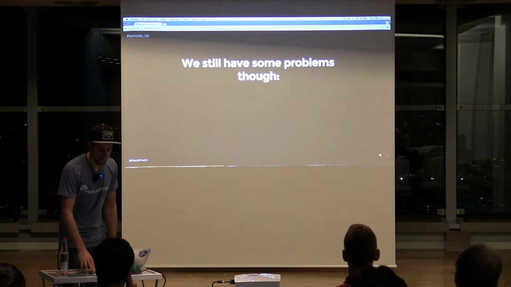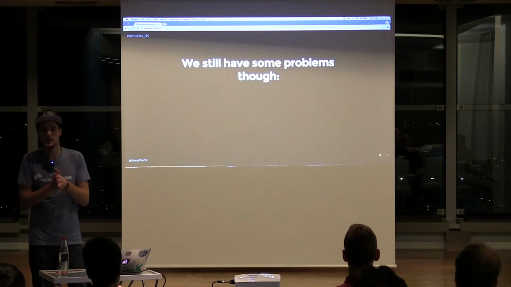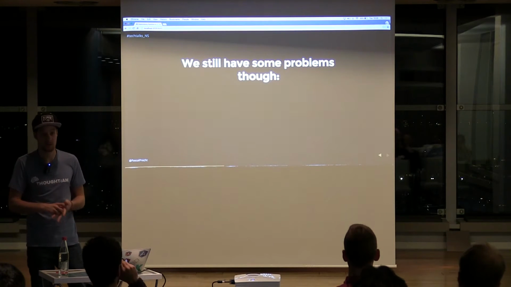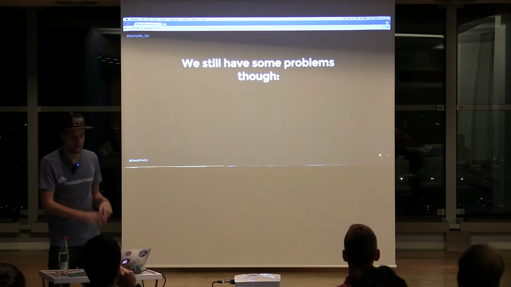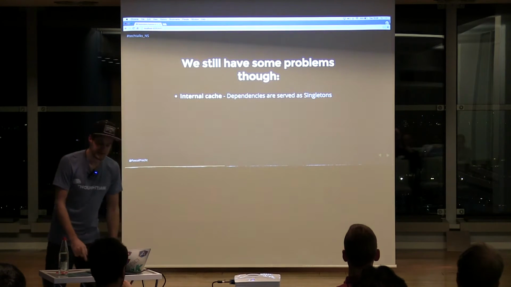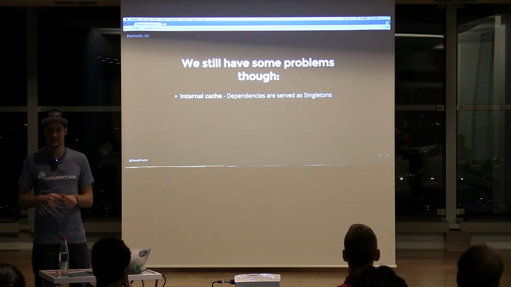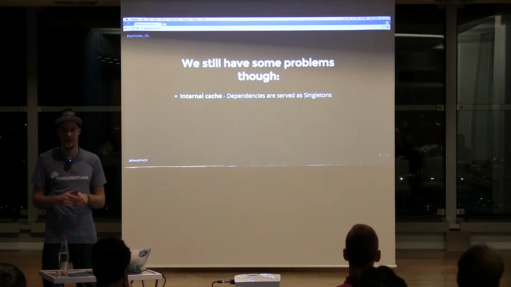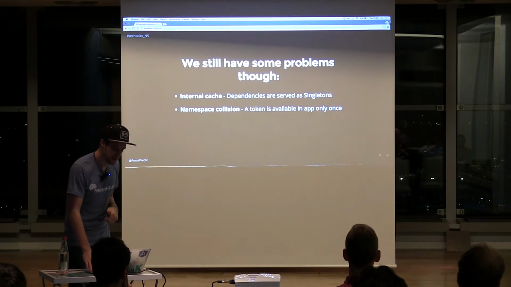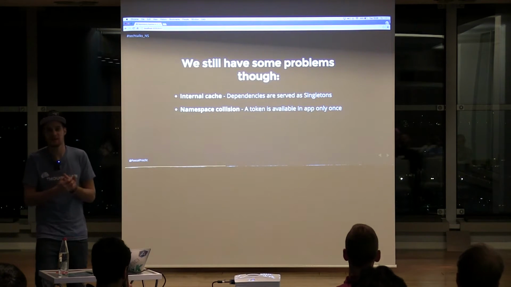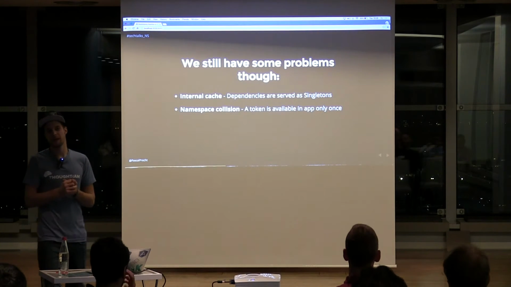All right, so it turns out to be actually a quite powerful DI system. It works very well, but we have some problems with that, though. So one of them is the internal cache. Services in Angular 1 are always singletons. So maybe we want to solve that. Then there's another issue, which is the namespace collision.